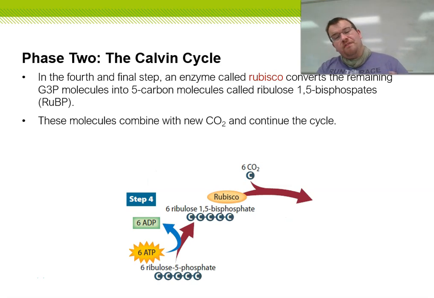From there, the fourth and final step, an enzyme called rubisco converts the remaining G3P molecules into 5 carbon molecules called ribulose 1,5-bisphosphate, or as we abbreviate it, RuBP. These molecules combine with new CO2 molecules and continue the cycle. So literally, we're feeding the cycle here. This feeds the cycle.